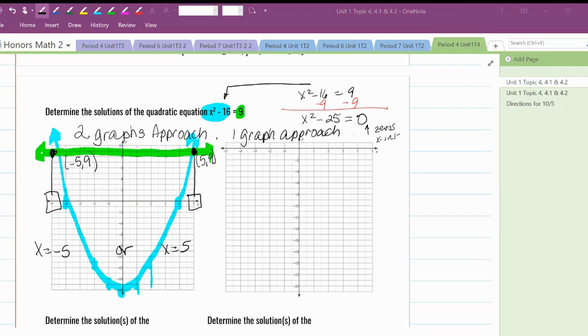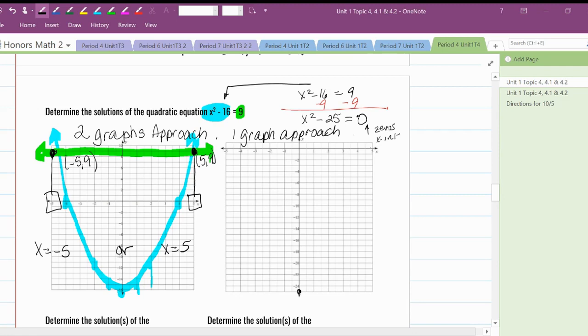So I have x squared subtract 25. And I'm not even going to care that I don't see part of the graph because I know it goes all the way down to 25. What I'm interested in are the x-intercepts, and they're at 1, 2, 3, 4, 5. 1, 2, 3, 4, 5.